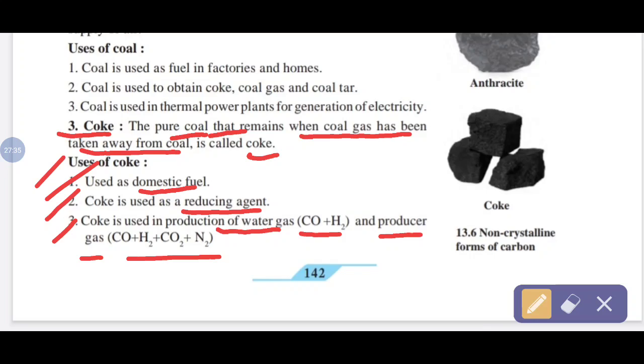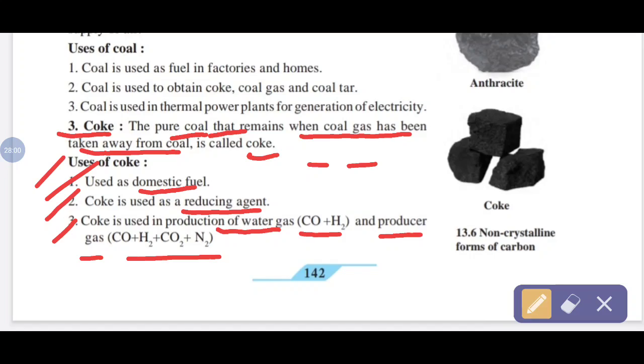So today we learned the remaining allotropes of carbon, that is graphite and fullerene. These two are crystalline allotropes of carbon, and last time we learned diamond. So in total we learned 3 crystalline allotropes of carbon, and the second point we completed today is the non-crystalline or amorphous form.